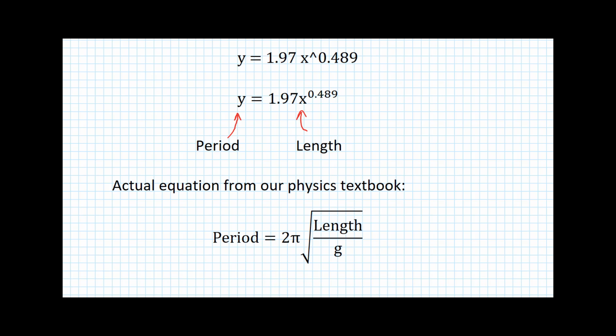We're going to compare the equation we got from our spreadsheet and graph to the actual equation from our physics textbook. In our physics textbook, it tells us the period is equal to 2 pi times the square root of the length over g. G stands for the acceleration of gravity, which is 9.8 in the units we're using here, meters and seconds.